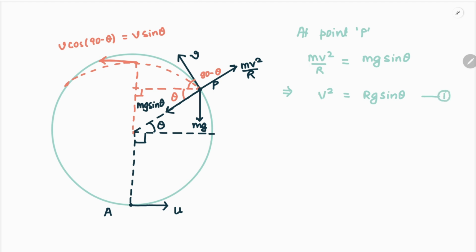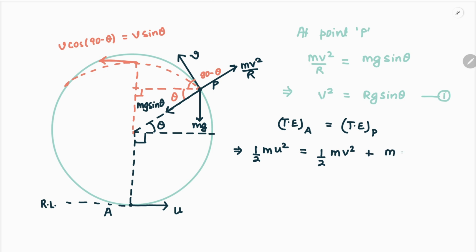Now for the second aspect, we will be applying energy conservation between point A and P. So total energy at A is equal to total energy at point P, and we are considering A as the reference level. So at A, the energy is equal to half mu square. At P, energy is half mv square, and we will also have potential energy. So this is radius r, and this is r sin theta.